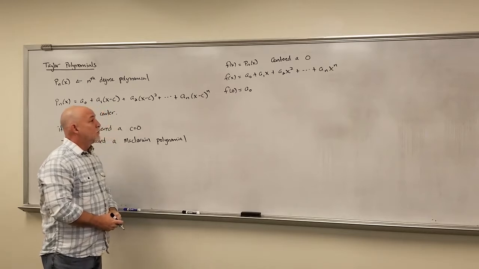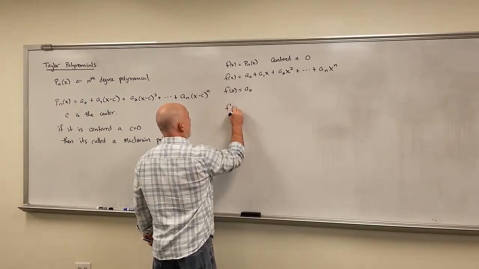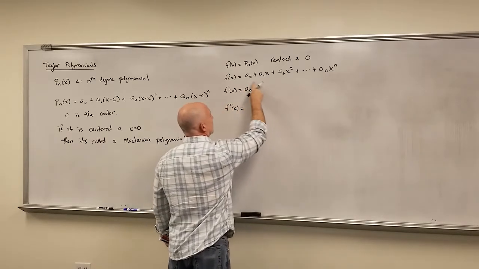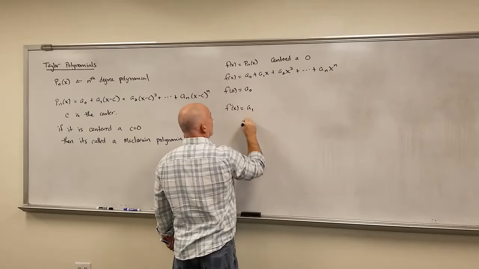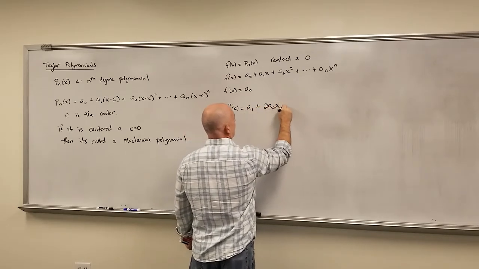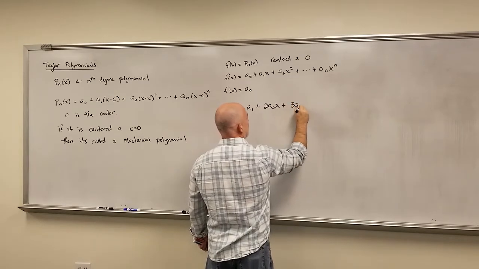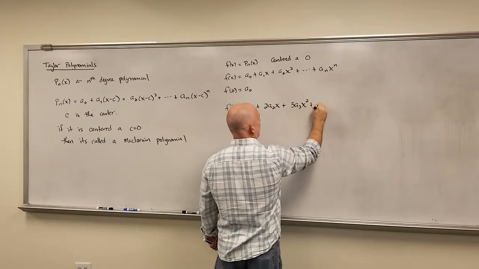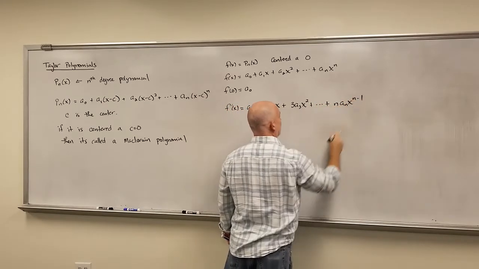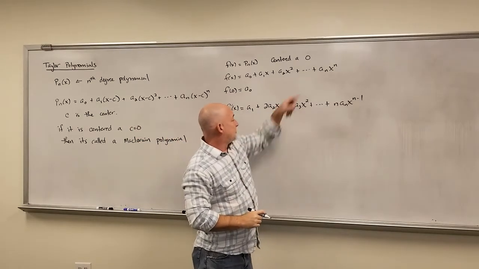We also said that we wanted our derivatives to match. So we want f prime, which would be the derivative of this. Well, the derivative of a constant is 0. So that's a1 plus 2a2x plus, I'm going to do the next one, even though it's not right there, 3a3x squared all the way out to n a sub n x to the n minus 1. Right, this would have been the cubic term right there.